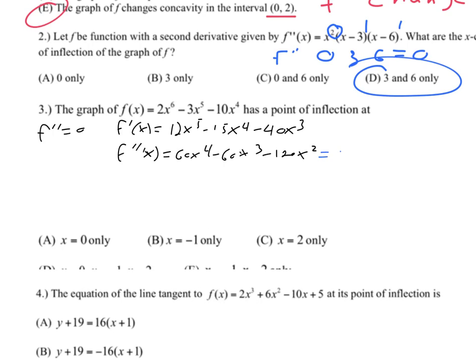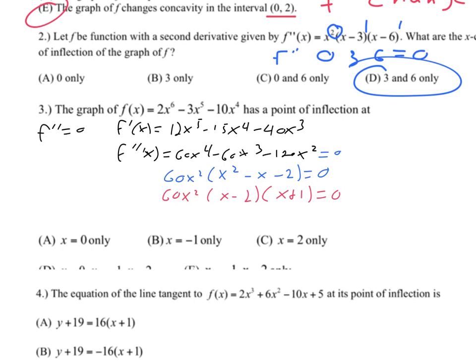So when will this equal 0? Well, let's factor out a 60x squared. So I'm left with x squared minus x minus 2 equals 0. This factors into x minus 2 and x plus 1.